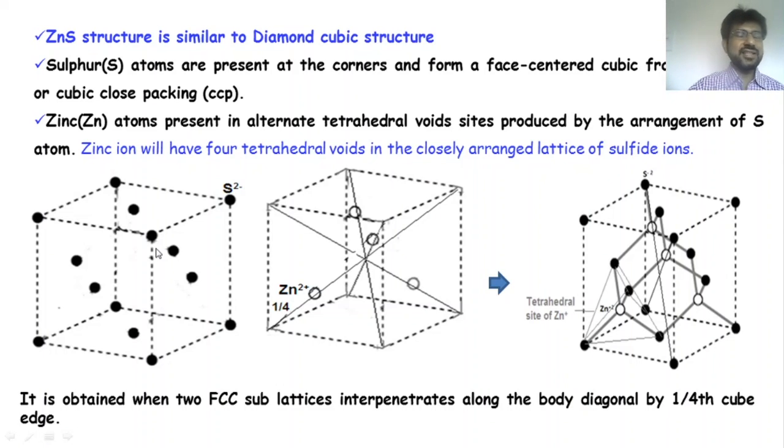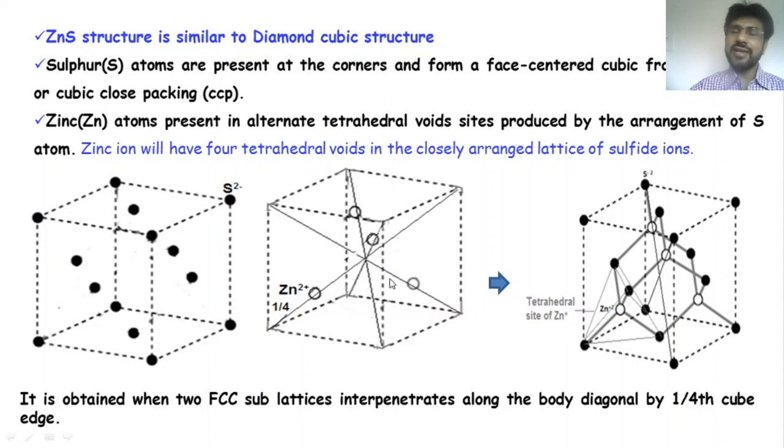Now here this is the face-centered cubic type of the structure, which is formed by the sulfur atoms. Now in this unit cell, there are the 4 zinc atoms, and these 4 zinc atoms are present along the body diagonal.